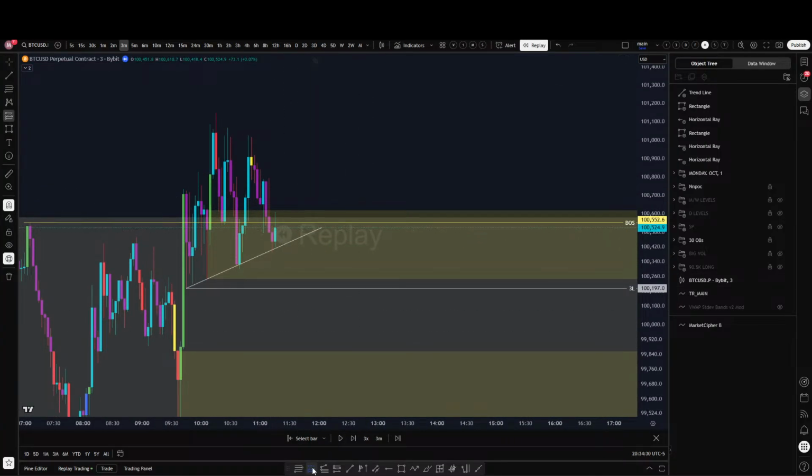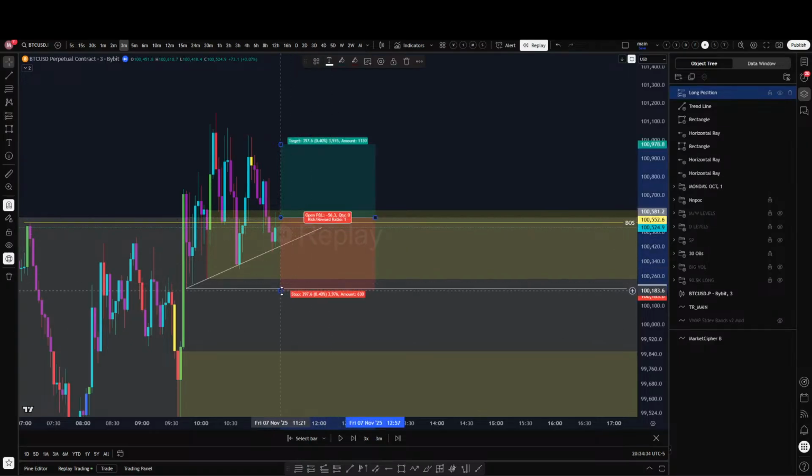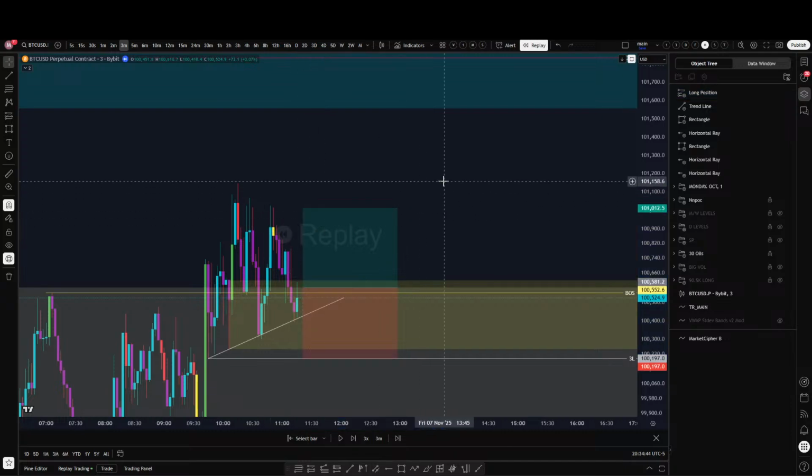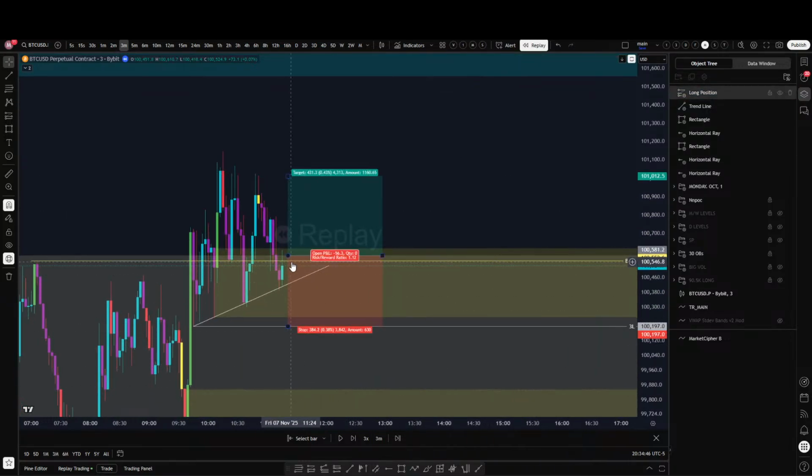So I had a shadier entry somewhere here. But invalidation is here again, and then I was going to front run all these wicks. That was my trade.